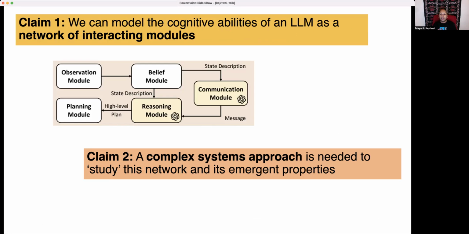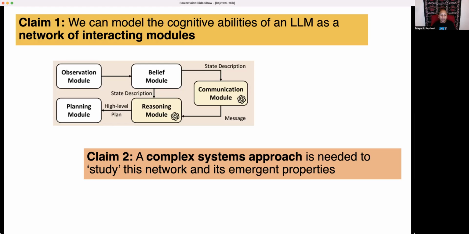So we think that this is the beginning, but that to understand language models, we can have a much bigger modular network. And it's an open question what that network is, what it looks like, what's interacting with what, what is informationally encapsulated. So these are all open questions for understanding the large language model from a cognitive perspective.